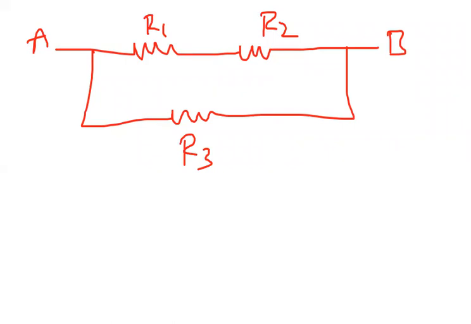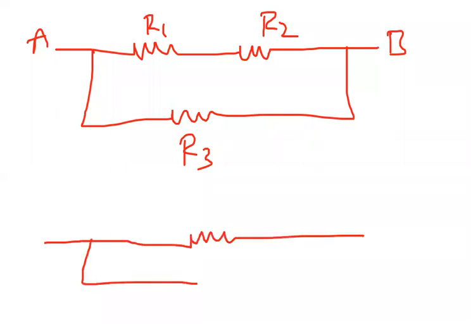If we observe, R1 and R2 are connected one to the other. This type of combination we already know. It is called series combination. So instead of that combination, I can write simply only one resistance instead of R1 and R2.